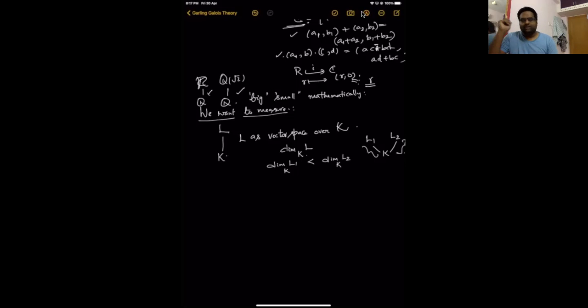Okay. But this is not a very precise notion, because what happens if both these extensions are of the same degree?